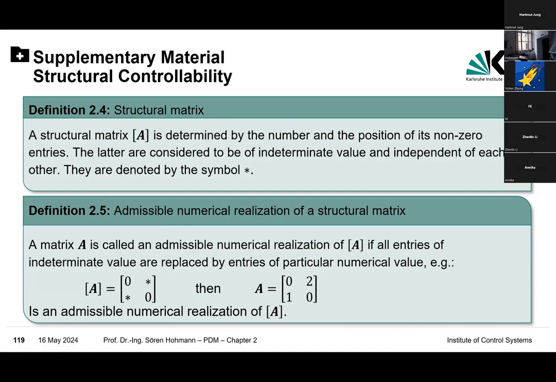And the question is, if I have a matrix with some zeros and some entries which are non-zero, under which condition can I enter anything I want on the non-zero elements, and under which condition is this matrix or this system controllable or observable?